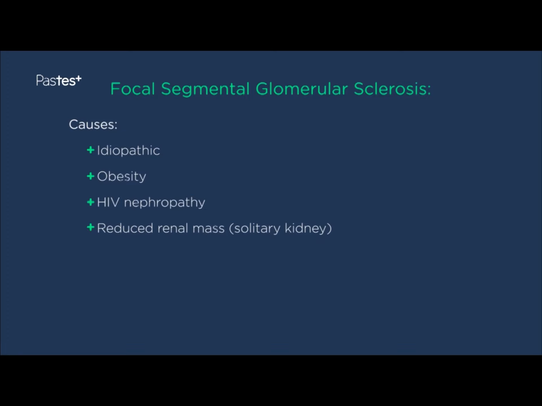FSGS again is often idiopathic, but there are cases associated with obesity and with reduced renal mass. So for example, patients who have a solitary kidney are at slight increased risk of developing this condition. FSGS is the nephropathy that HIV patients can develop.